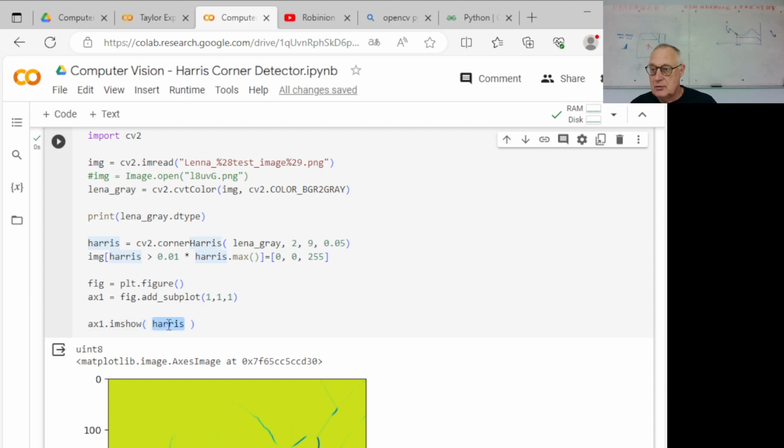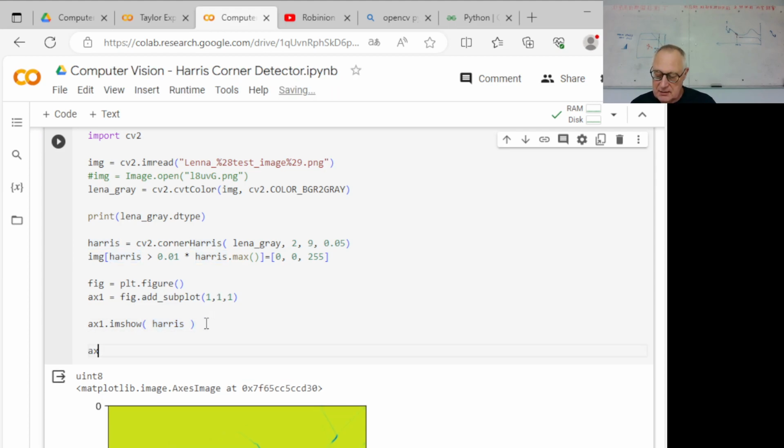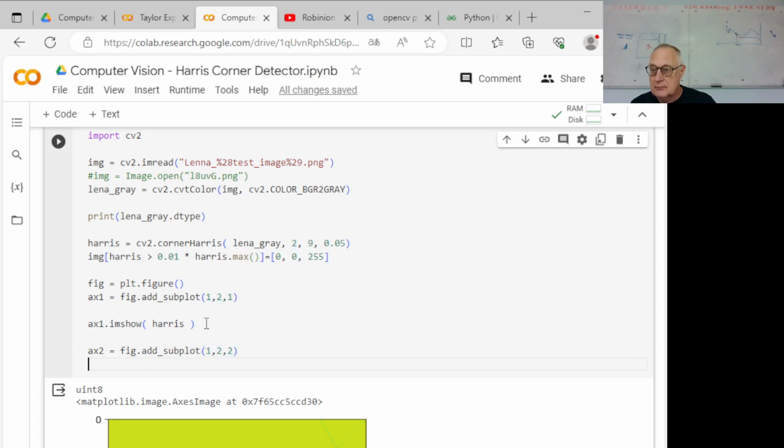I want to show the Harris response and the actual corners detected after thresholding.